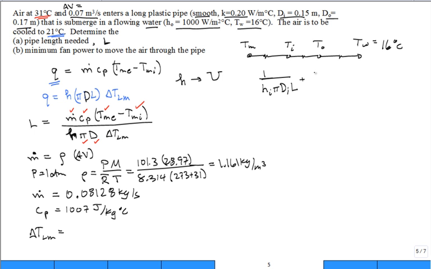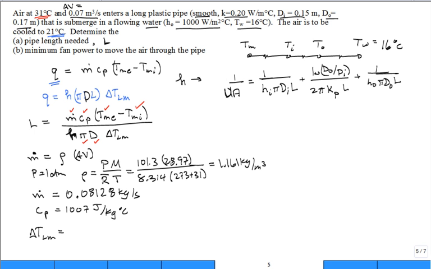Through the wall of the pipe, natural log of d outer divided by d inner, divided by 2 pi thermal conductivity of that plastic pipe. Let's put k of P there, times L, plus 1 over the H outer pi d outer L. And the sum of those, if you just sum them up, you'll get 1 over UA.